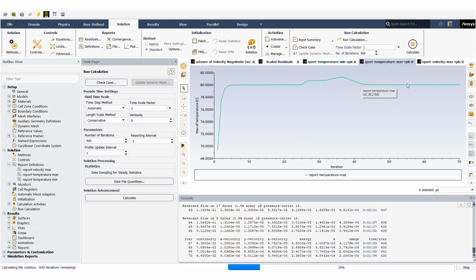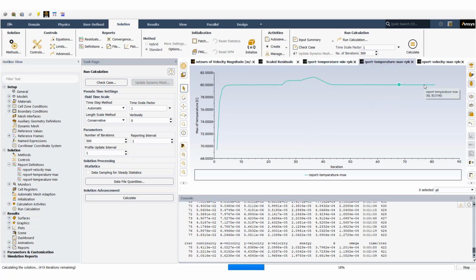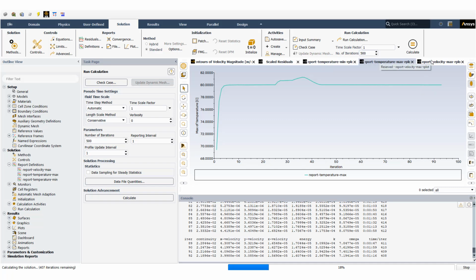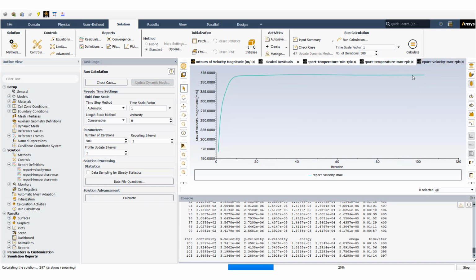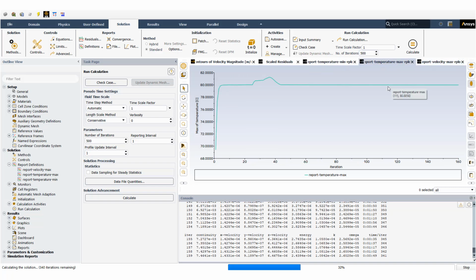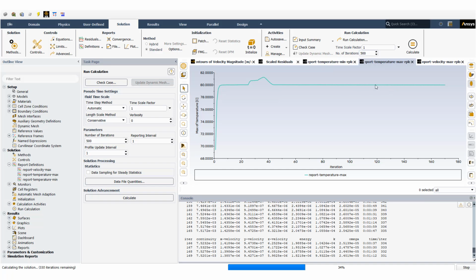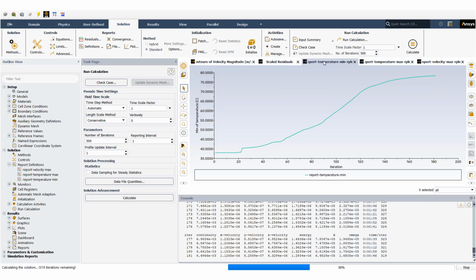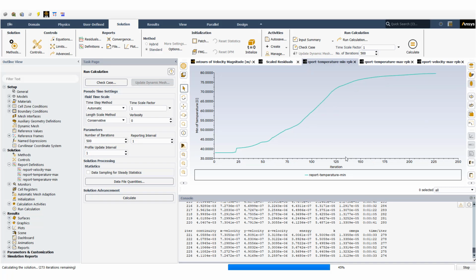Max temperature is almost at 80 degree, and quite high velocity in the domain above 350, so 370, something like this. So you're getting almost constant max temperature, but the mean temperature is still changing. It started to getting flattened, but we have to see.